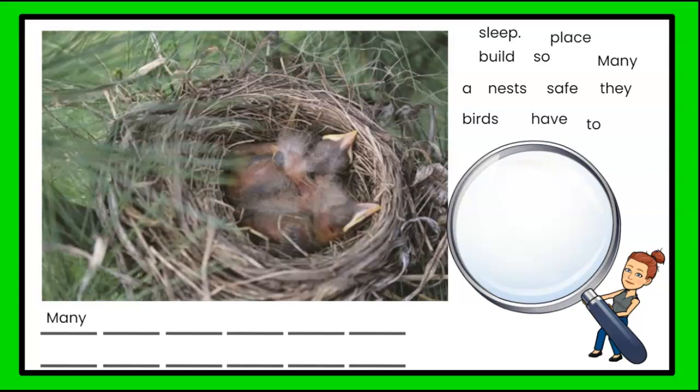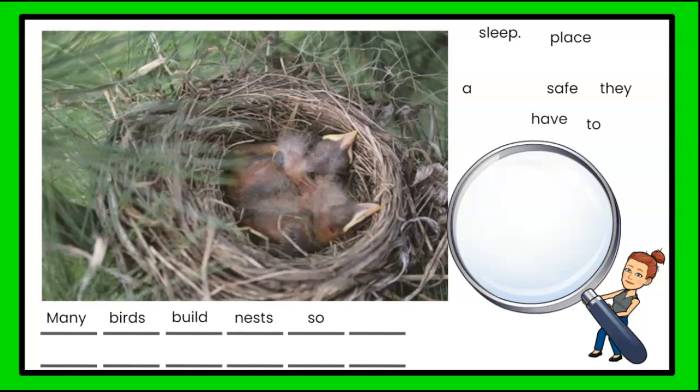I see it. Many. Now, many what? What have we been talking about? Right. Birds. Many birds. What did the bird do here? Yep. Build. Many birds build. What did the bird build? Nests. Many birds build nests.